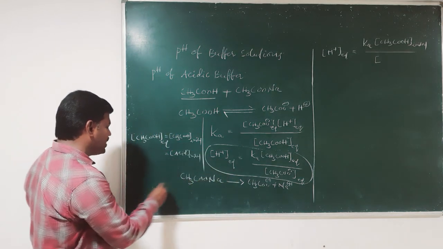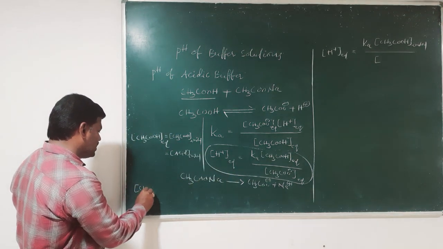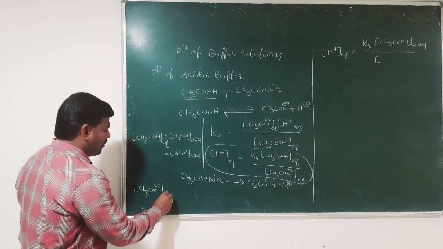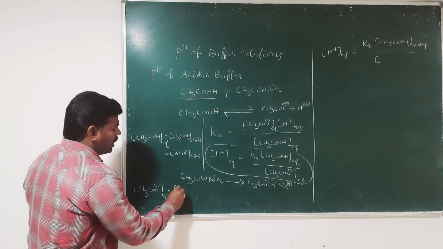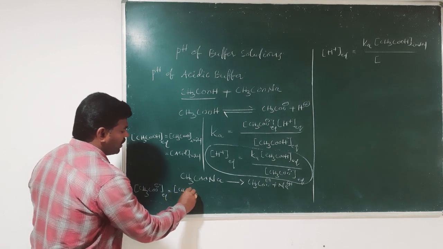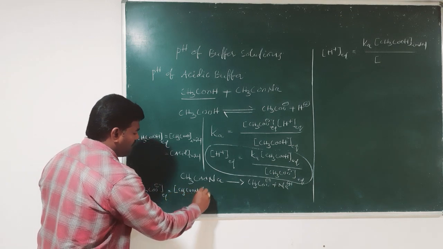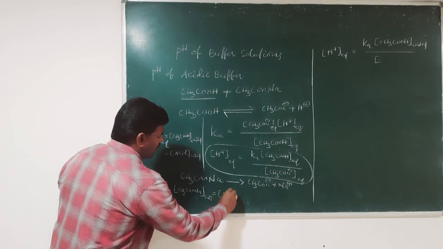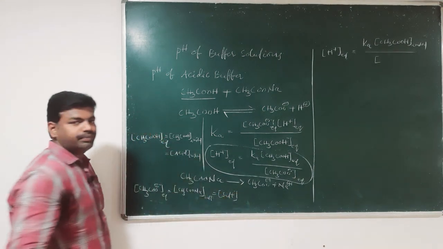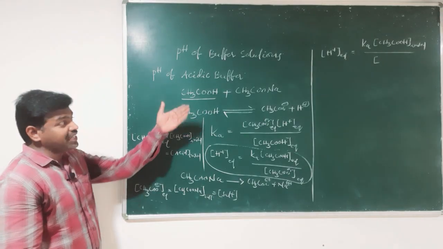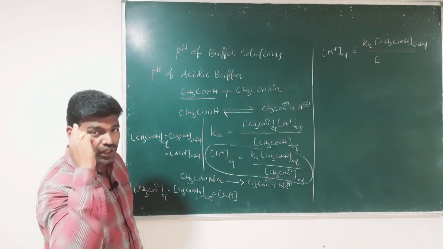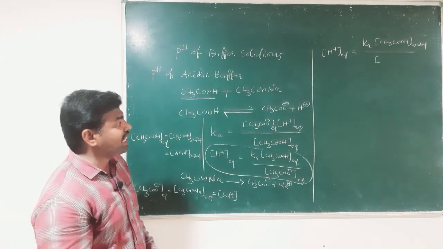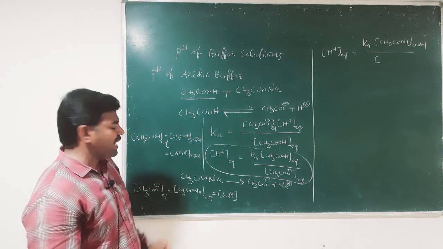So the concentration of CH3COO minus ions at equilibrium is equal to the concentration of CH3COO salt, because it is a mixture. You should keep this point in your mind: a buffer is a mixture, and that mixture contains acetate ions.